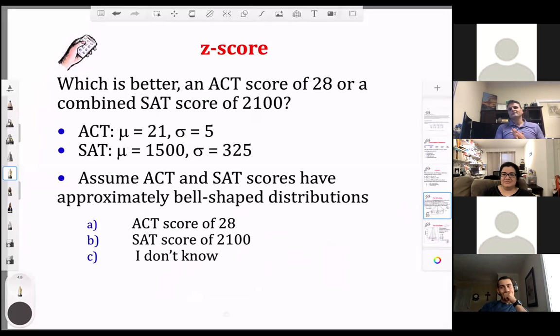You guys can do this. You got 28 on the ACT. Is 28 better or 2,100? I know 2,100 is a huge number, but they're on different scales. Which one is the better score?